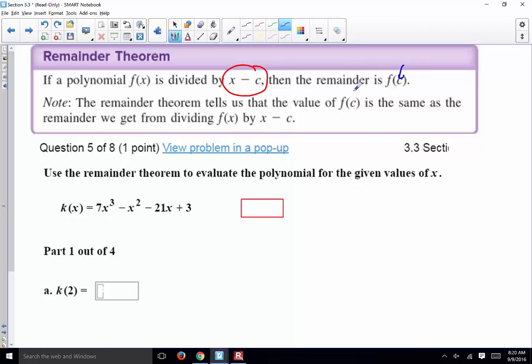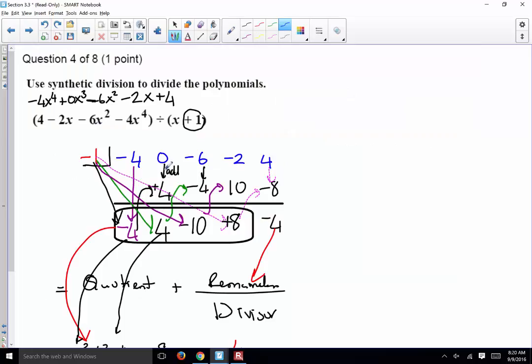Okay, let me repeat. Such as this question. I'm wondering what the remainder is. We already figured it out, but how long did it take for us? We need to do all this computation, 3 minutes, sometimes 5 minutes. I'm wondering if I can divide this by this quickly and get only the remainder.